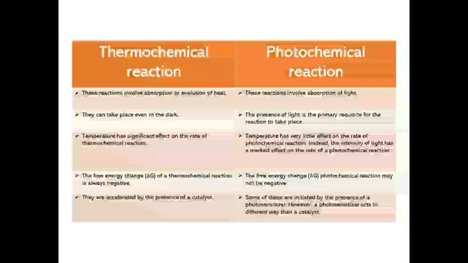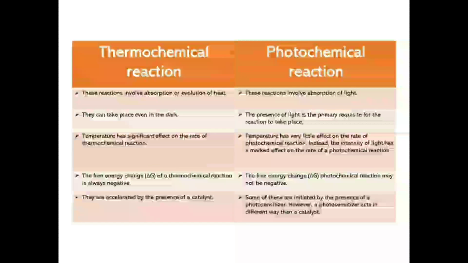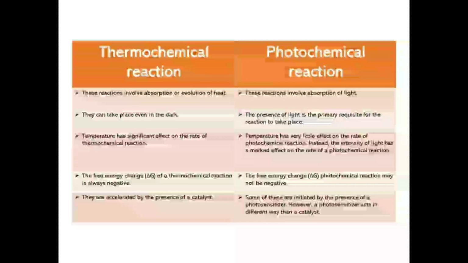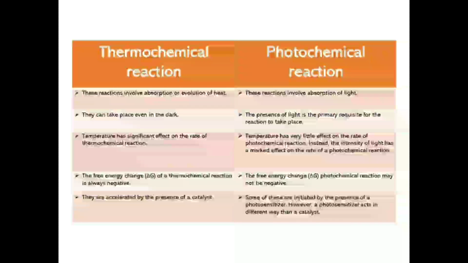So what's the difference between thermochemical reaction and photochemical reaction? Thermochemical reactions involve absorption or evolution of heat, meaning they absorb heat and emit heat. We call it a thermochemical reaction. What is a photochemical reaction? The reaction involves absorption of light, only the absorption of light.